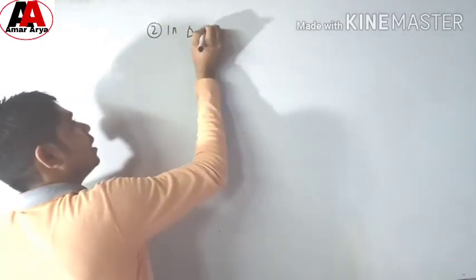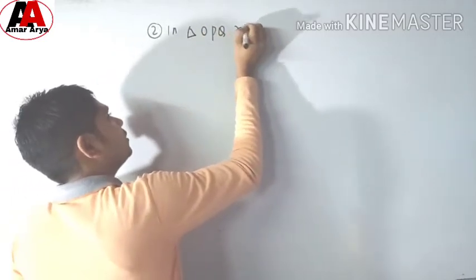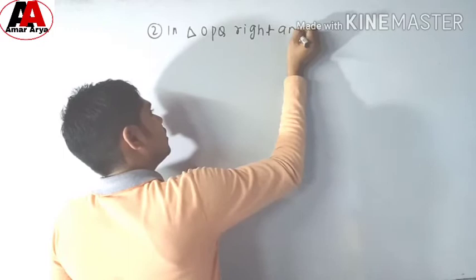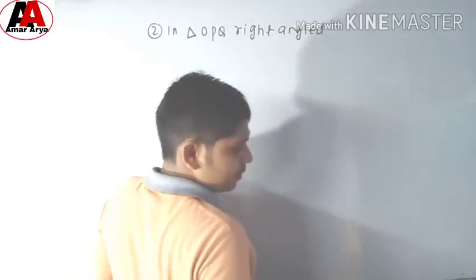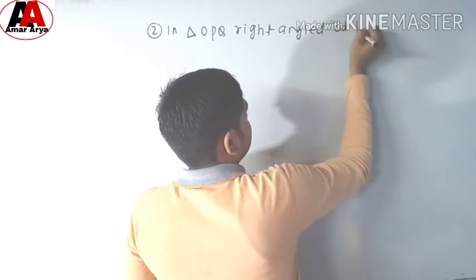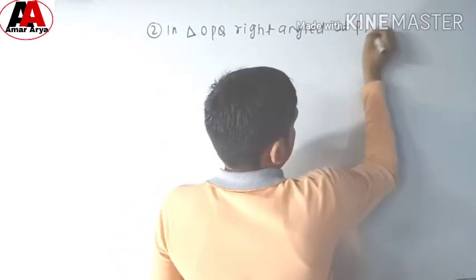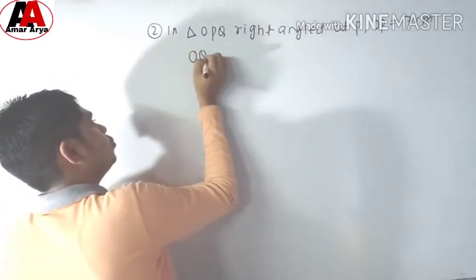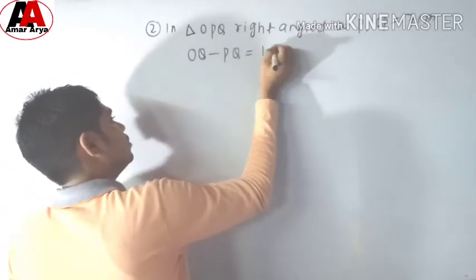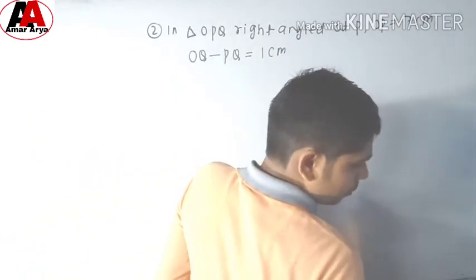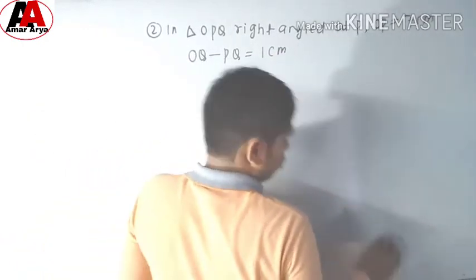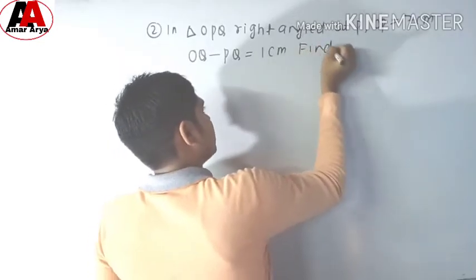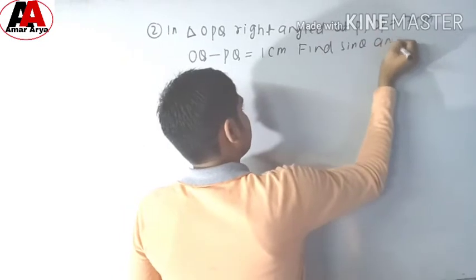In triangle OPQ, right angle at P, and OP equals 7 centimeter and OQ minus PQ is 1 centimeter. Find sin Q and cos Q. Okay, sin Q and cos Q.